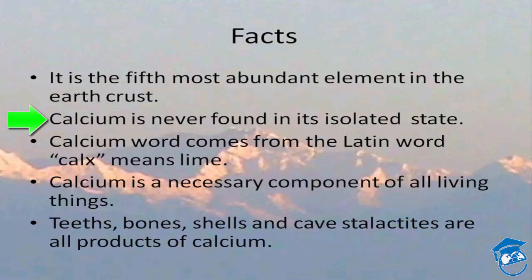Rather, it is found in compound states like calcium carbonate, calcium hydroxide, calcium oxide. But yes, it is never found in its natural isolated state. Well, the word calcium comes from the Latin word calx, which means lime. This lime is not the fruit lime. Yes, it is calcium oxide.